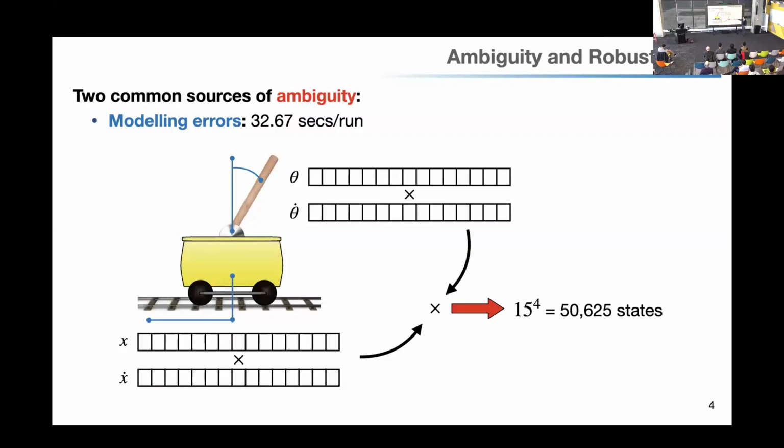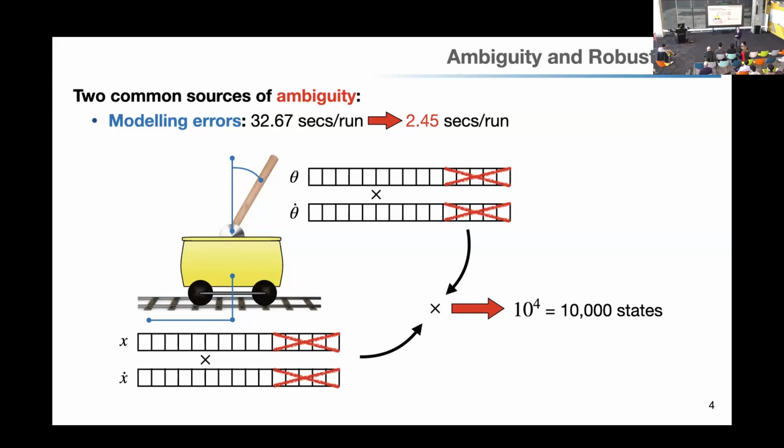It manages to balance the pole for an average of 32 seconds, which is considered to be a good value in this problem. It turns out, however, that in the same framework, if I discretize the state space into only 10 to the power 4 states, the optimal policy would have performed really poorly. It would have gone down to balancing the pole for about 2.5 seconds per run only.